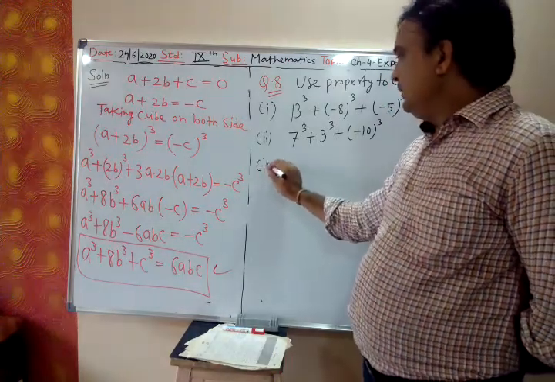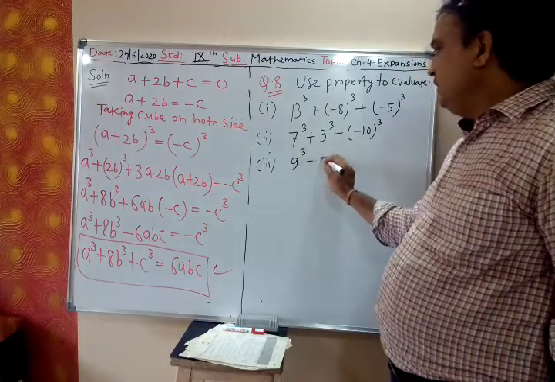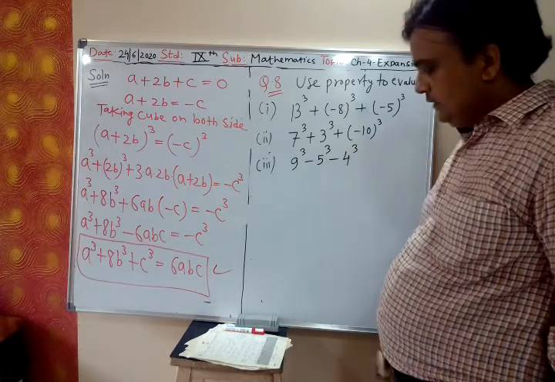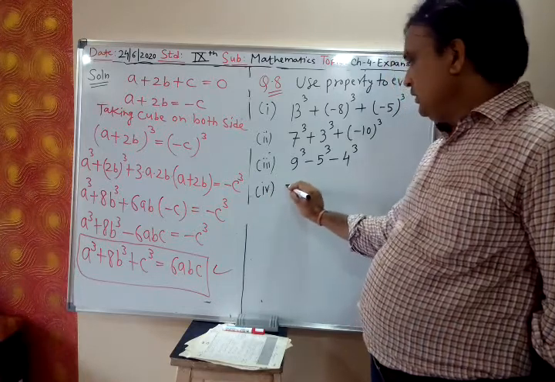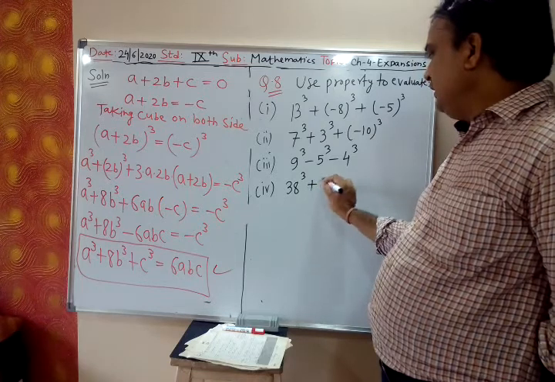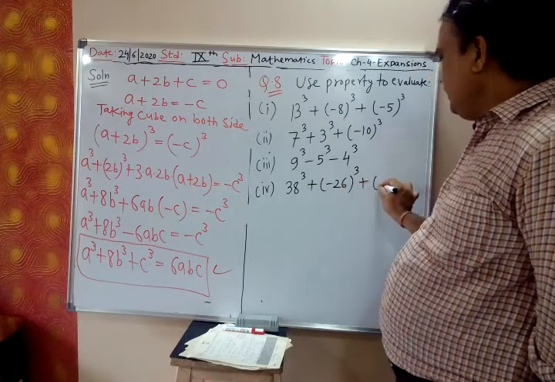Then third, 9 cube minus 5 cube minus 4 cube. Then fourth, 38 cube plus minus 26 cube plus minus 12 cube.